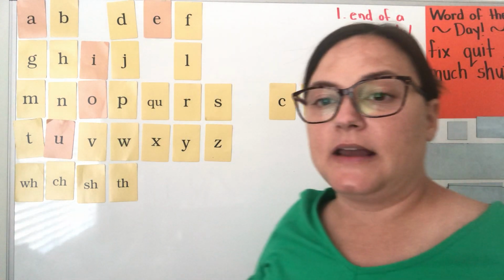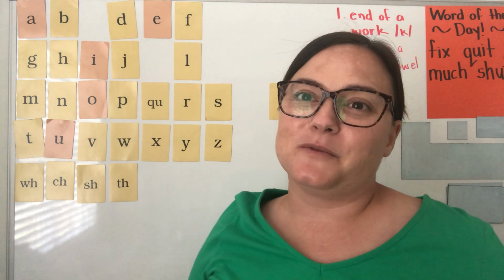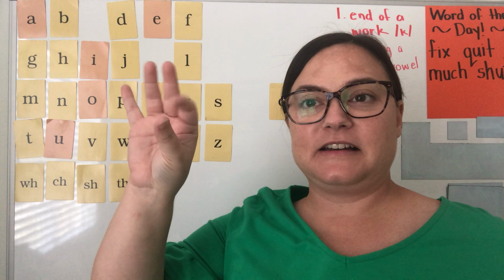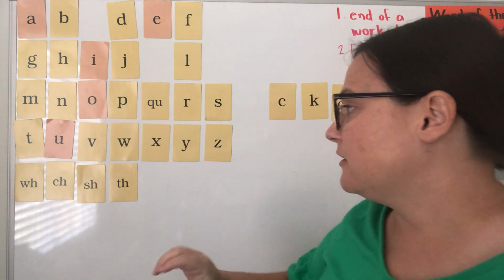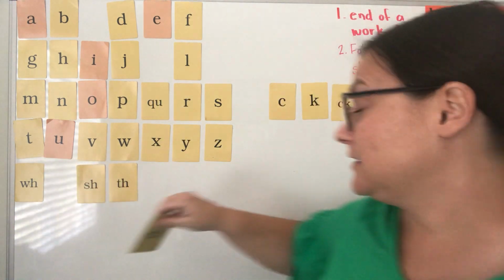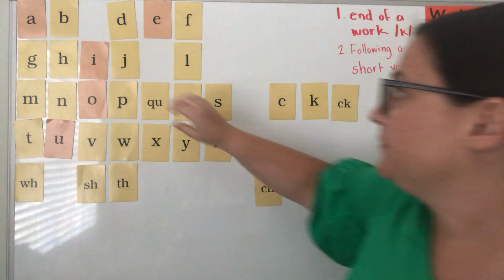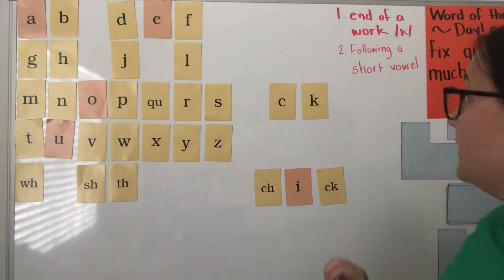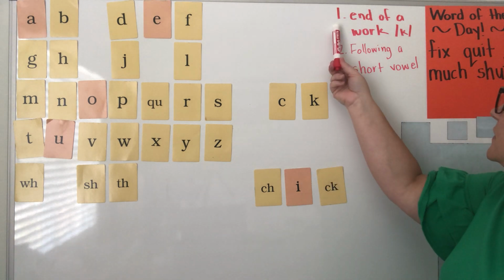Very good. Here's my next word. This is a fun one. Chick. Ready? Elbows up. Chick. When you're in second grade, we do baby chicks. Again, I'm looking at my rules.